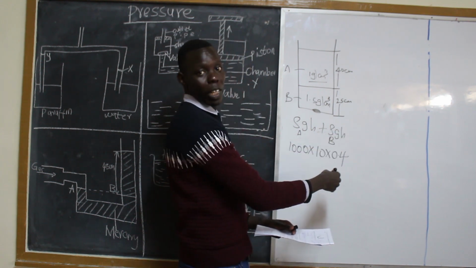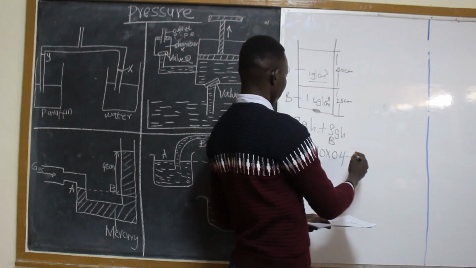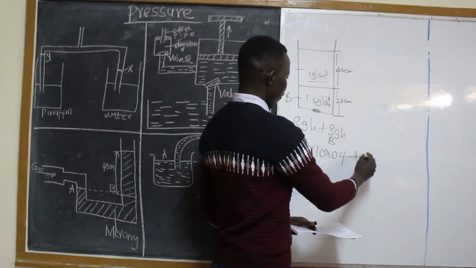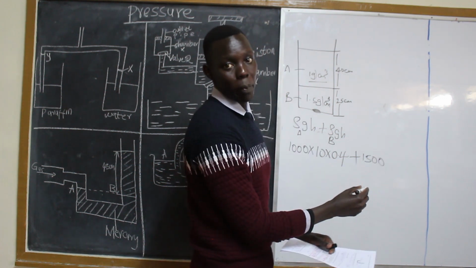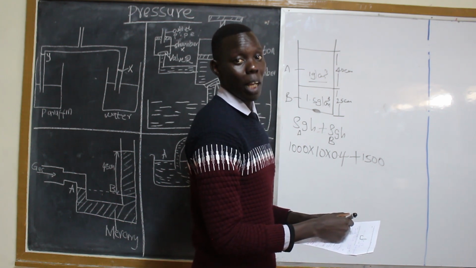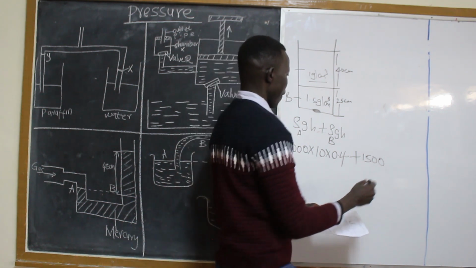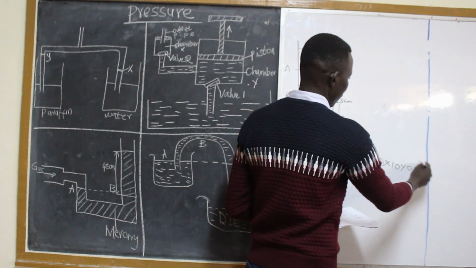Why have I written 0.4 and not 40? Because it is in SI units still. Plus rho of liquid B, 1500. It is 1.5; if you want to convert from grams per centimeter cubic to kilogram per meter cubic, you multiply by 1000. Times 10 times 0.25.